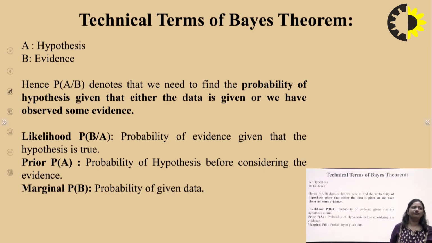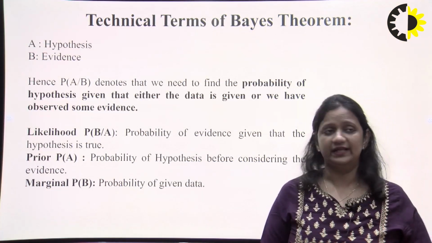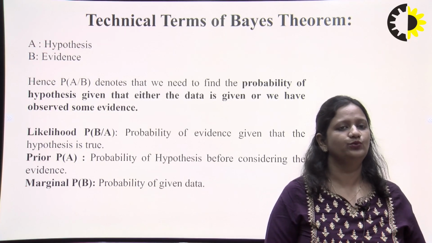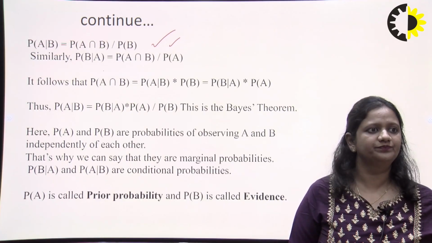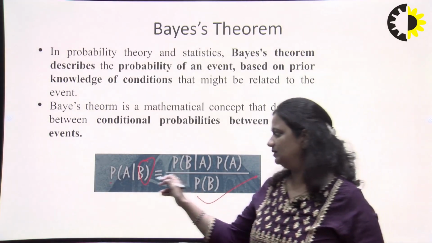Likelihood P(B|A) means probability of evidence given that the hypothesis is true. Prior P(A) is the probability of the hypothesis before considering the evidence. Marginal P(B) is the probability of the given data. So these are the technical terms used to explain Bayes theorem.